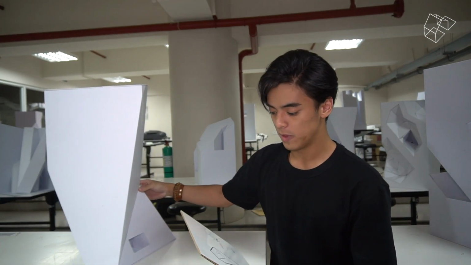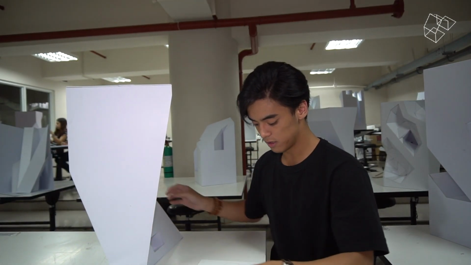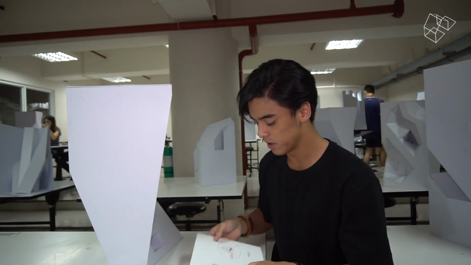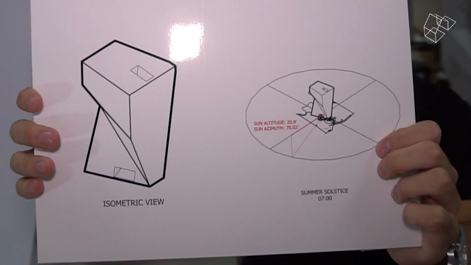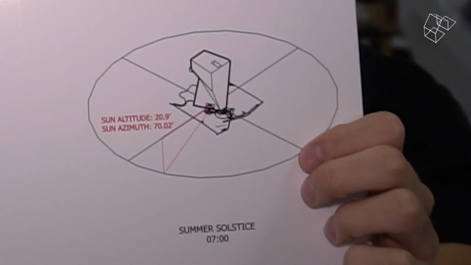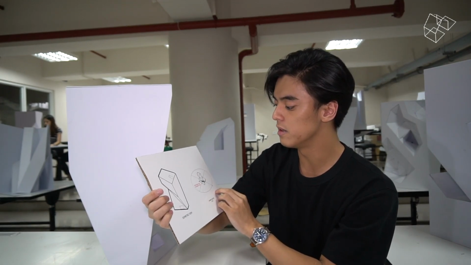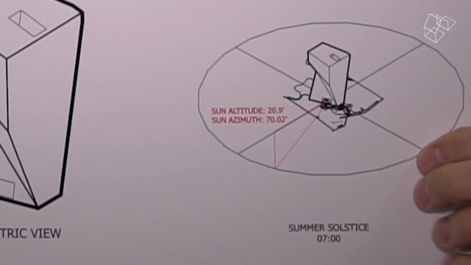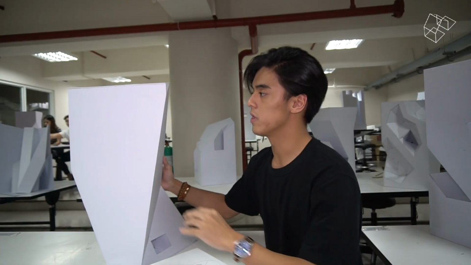So, given that I discussed a while ago the summer solstice of 7 o'clock, here we have the angles of altitude and the sun azimuth. For summer solstice of 7 o'clock, it's actually 20.9 degrees for the altitude and 70.02 degrees with respect to the north for the azimuth.